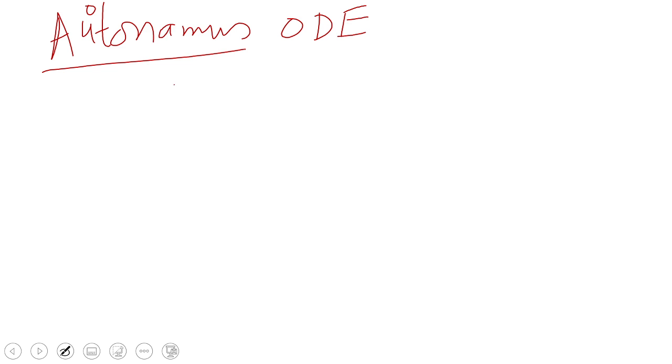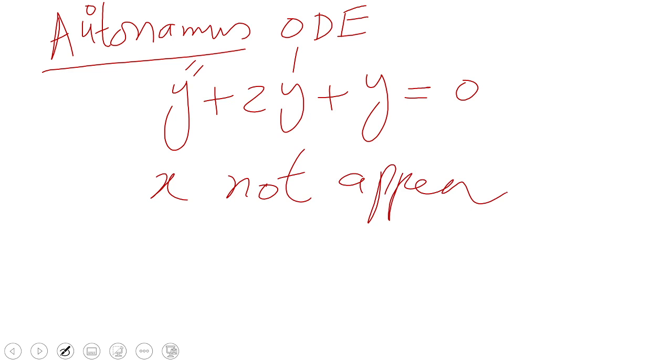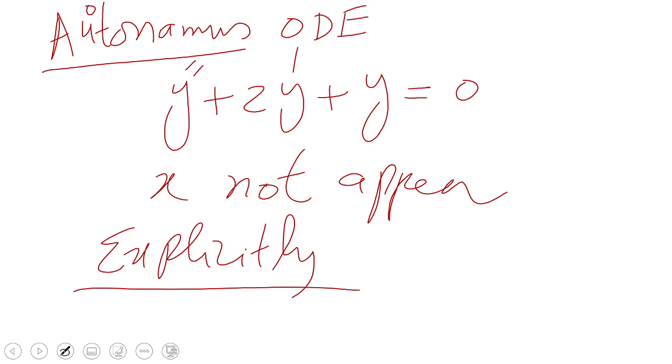Let me write one: y double dash plus 2y dash plus y is equal to 0. It is autonomous if x does not appear explicitly. So that is an autonomous differential equation.